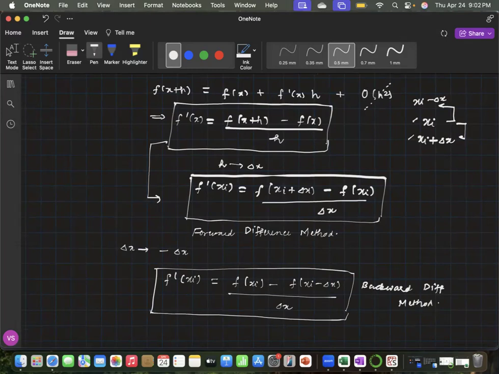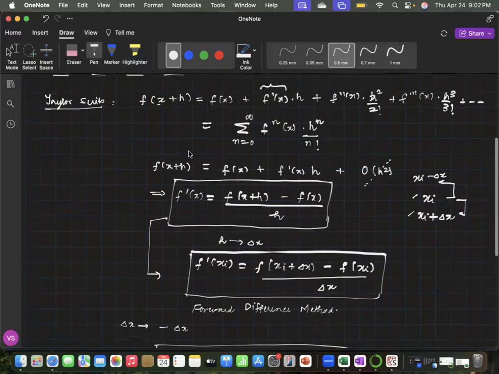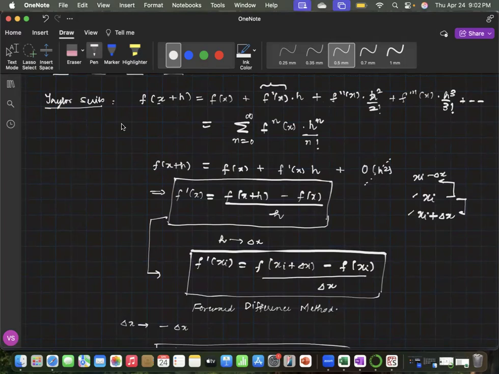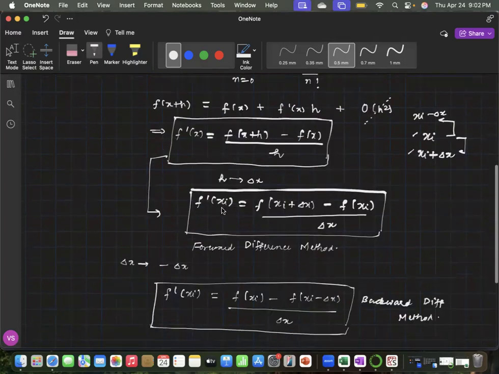Right. And similarly, you perform the same Taylor series expansion, just in place of plus h, you write minus h. So you'll get terms of f(x minus h). And if you subtract the two, I would leave it to you as an exercise to derive this formula.